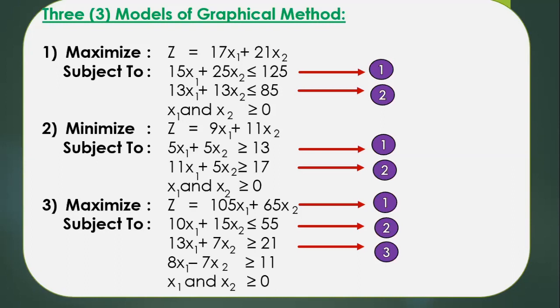In this case, I'm going to explain three different models of the graphical method. Right now, I will only be highlighting the first model, which is the maximization model with two linear structural constraints. So let us first solve it.